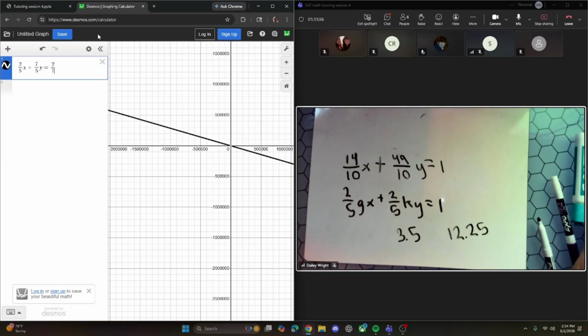G equals 3.5, so 3.5x plus 12.25y. Oh, 2 over 7, different one.